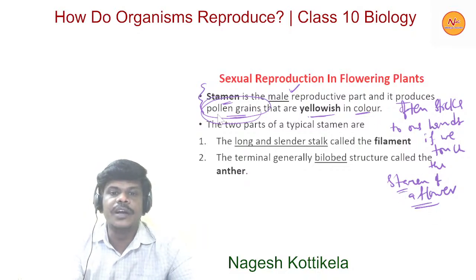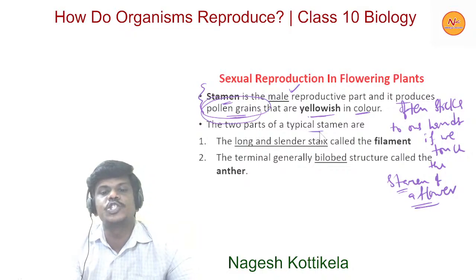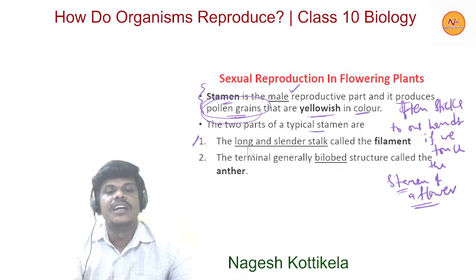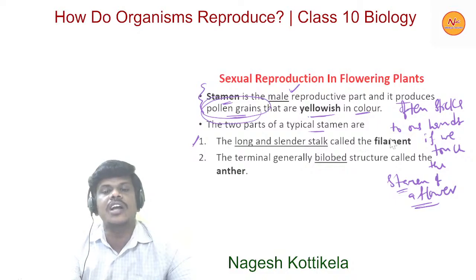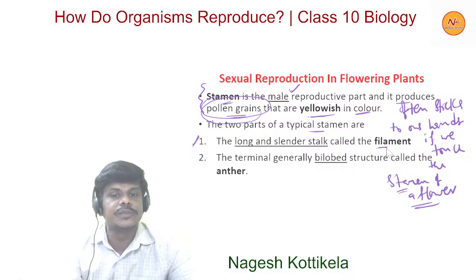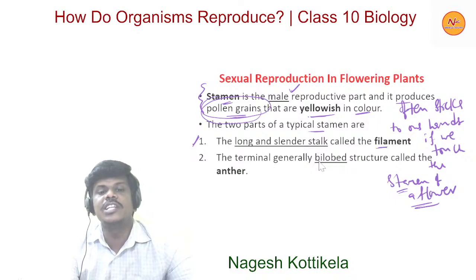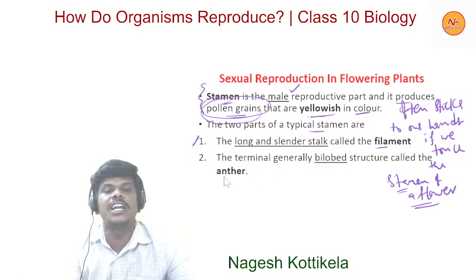Now the two parts of a typical stamen are, first, the long and slender stalk called the filament, and the terminal, generally bilobed structure called the anther.